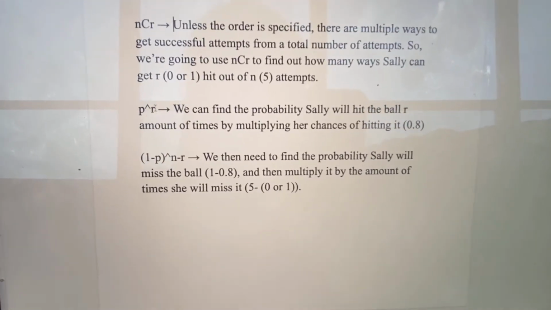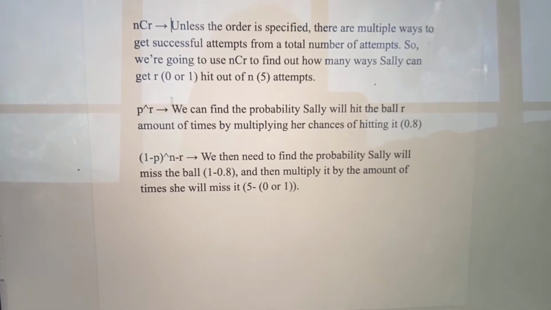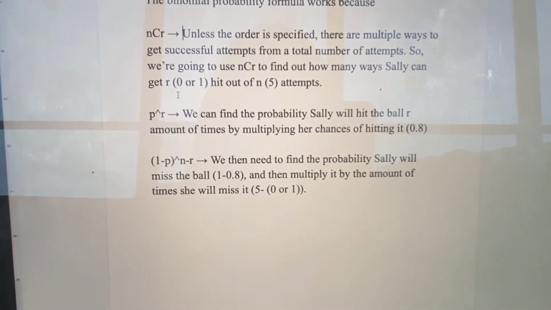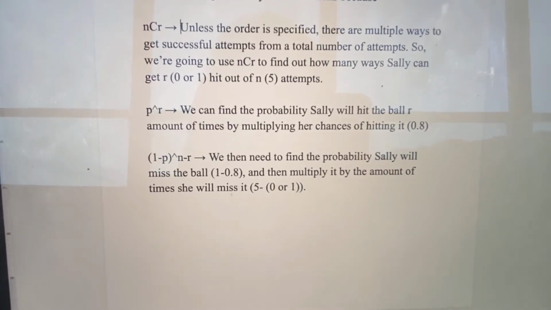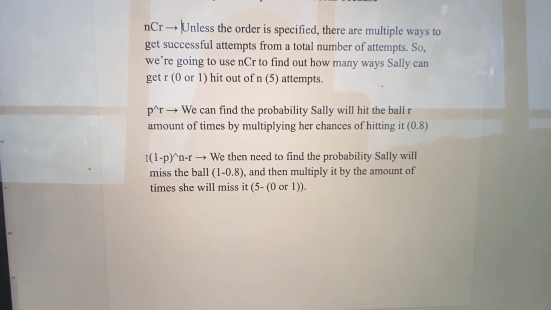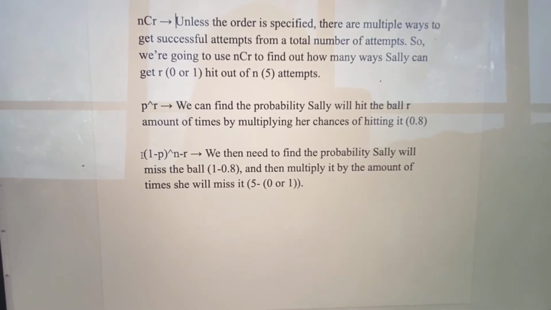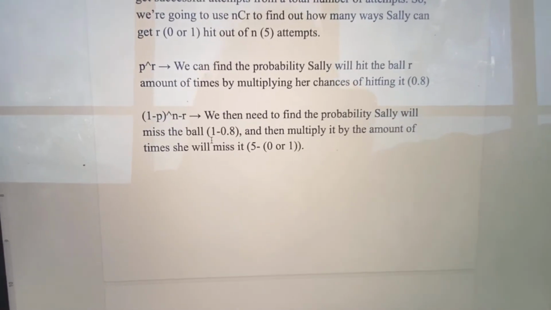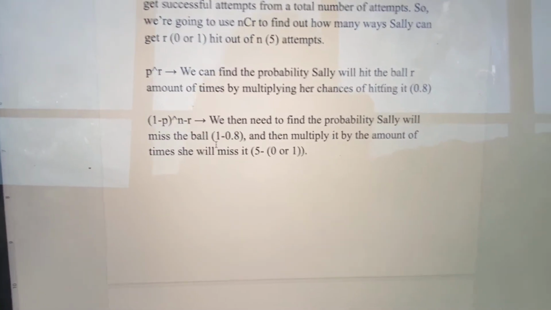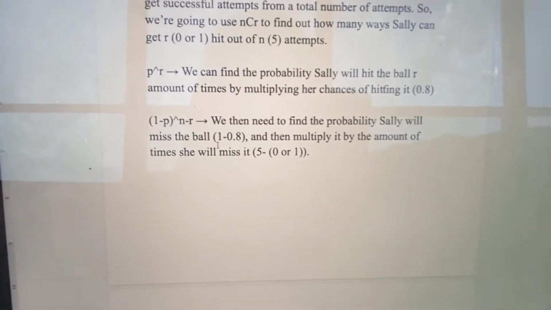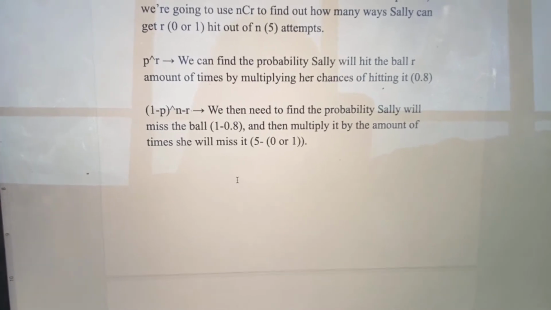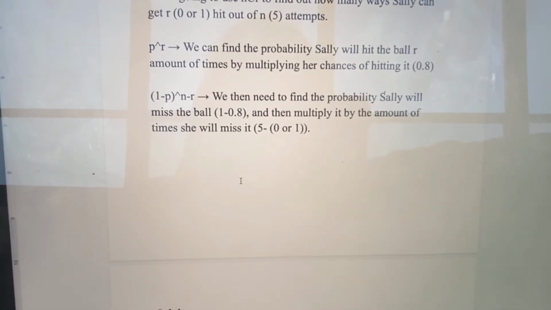We're going to use p to the power of r because we can find the probability Sally will hit the ball r amount of times by multiplying her chances of hitting it, 0.8. And lastly, we're going to use 1 minus p to the power of n minus r, because we then need to find the probability Sally will miss the ball, 1 minus 0.8, and multiply it by the amount of times she will miss it, which is 5 minus 0, or 5.